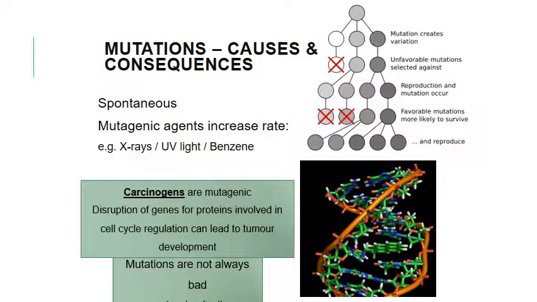The favourable mutations, those ones that give the individuals possessing those alleles an increased chance of survival, mean that those individuals with the favourable alleles are able to reproduce more often and for longer, and therefore those favourable alleles will increase in frequency, and that's demonstrated in this diagram in the top left.